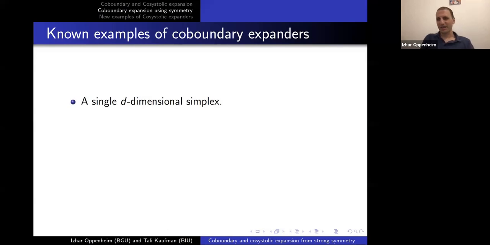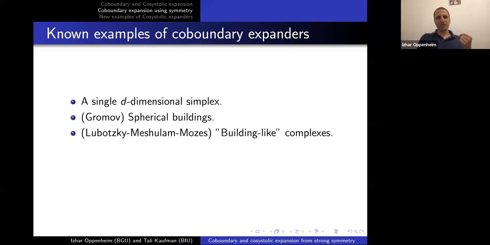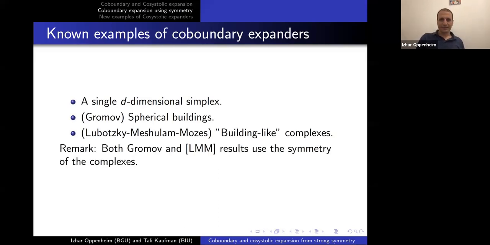Gromov showed that spherical buildings are coboundary expanders. And Lubotsky, Meshulam, and Mozes generalized Gromov's work to building-like complexes, which share some properties.